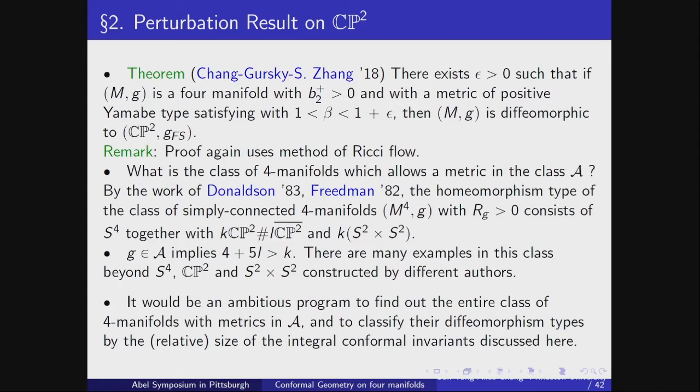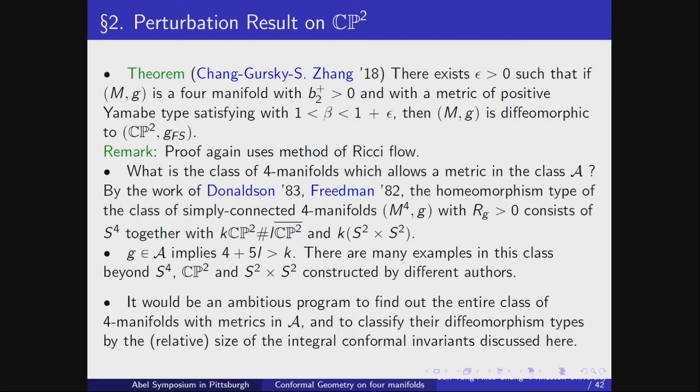That is, we know that there is a classification up to homeomorphism type of 4-manifolds which allow positive scalar curvature. That was done in the early 1982, 83 by Donaldson and Freedman.